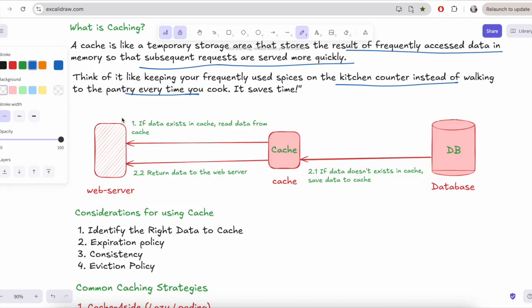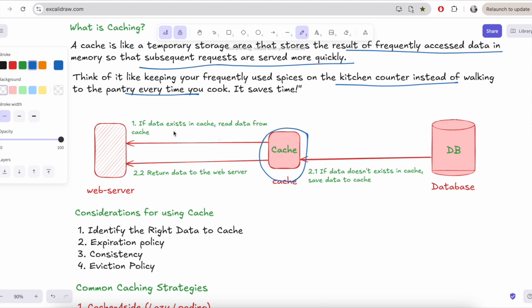Now here we have a simple web server, web cache server setup, right? So suppose my web server has received a request from the client. So what it will do first, it will check whether the response, whatever I have received, whether I have that in our cache or not. So first it will check in the cache.